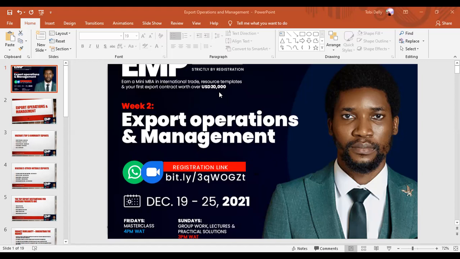Once the commodity gets to them, after you've sent them a quality analysis from here in Nigeria, they are still going to give the same commodity to their own quality people over there to check out. Then for some countries in Europe, they'll tell you the way they want their documents to be done. Maybe they don't want it handwritten, maybe they want it typed. Maybe it has to be typed before their customs in that country will accept it. So these are some of the different experiences I've had over time with different countries that I've exported to.